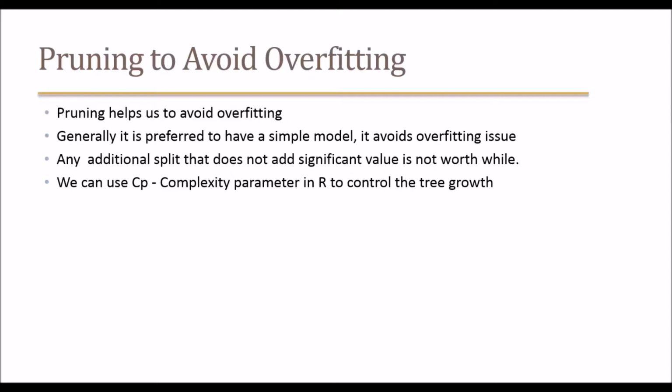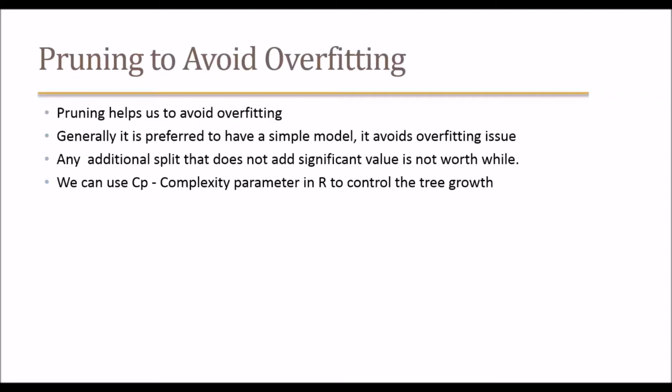If there is any additional split that does not add any significant value to our prediction, then it doesn't really make sense to grow the tree. Now in R, it is very specific: we can use a complexity parameter to control the tree growth.